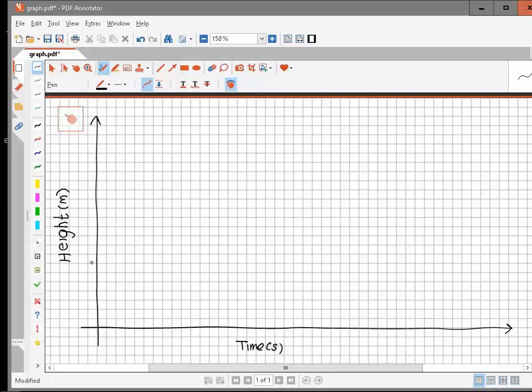Let's start with the y. First, let's count how many squares we have. I have 1, 2, 3, up to 23.